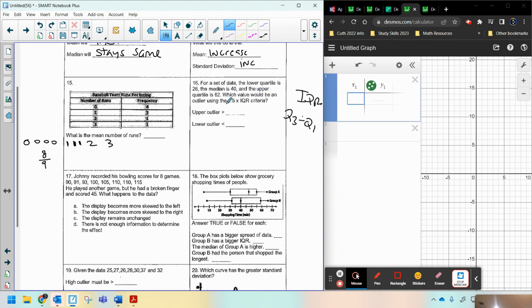The upper quartile is Q3, and Q1 is the lower. So we do 62 minus 26. Let's go into the calculator here. 62 minus 26. We got 36. This is the IQR. Now we have to take that 36 and multiply it by 1.5.